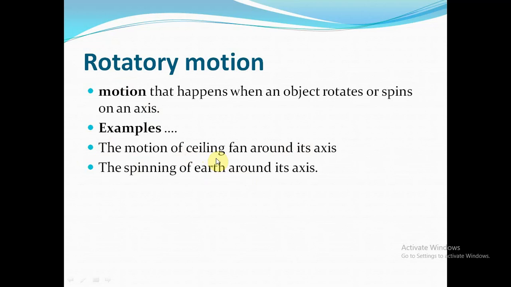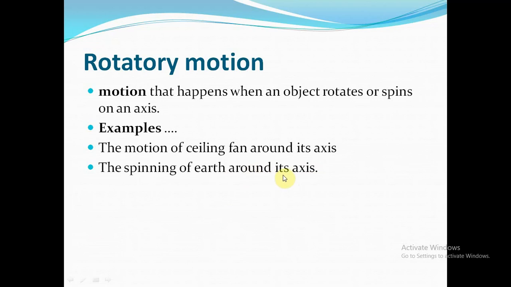Have you ever noticed that the wings of your ceiling fan rotate in a circle, but they are fixed at a point? That is their axis. And the spinning of the earth around its axis: do you know how day and night are formed?